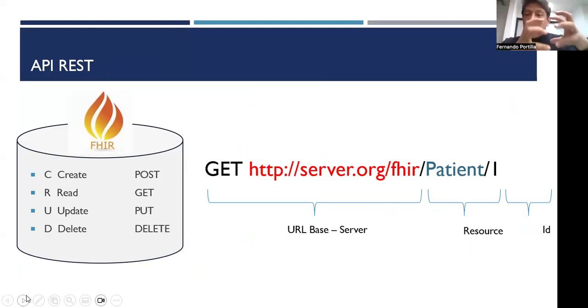And then in real life, you don't send out just one single resource, it's sent out in a package, and that's what's called a bundle. There are bundles for documents, for operations, and this is how operations are carried out in FHIR, by sending bundles out to a server, which can be implemented.